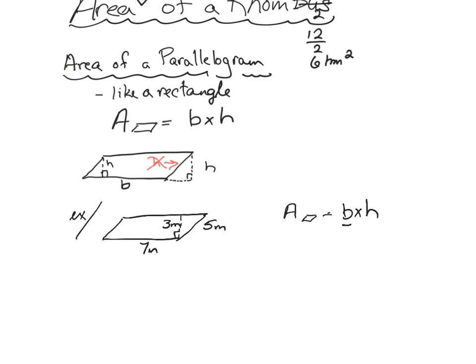So 7 is our base, that's pretty easy, but the height is where it is perpendicular, and therefore it's times 3 meters. Both of these are meters, not 5 meters. So you'd have 21 meters squared.